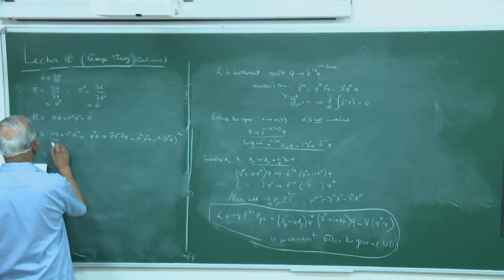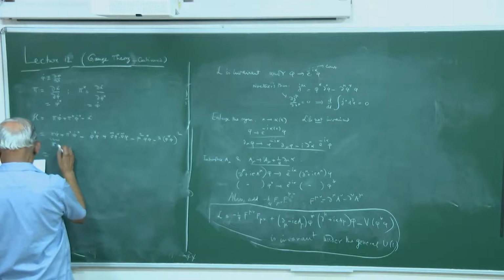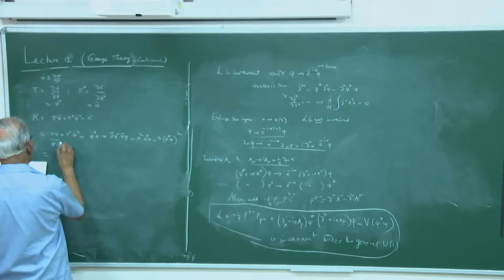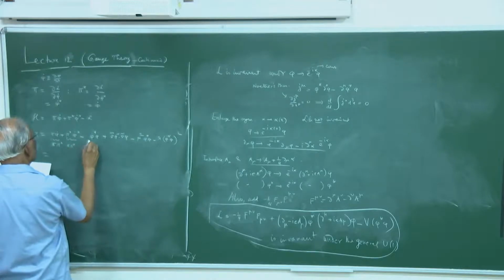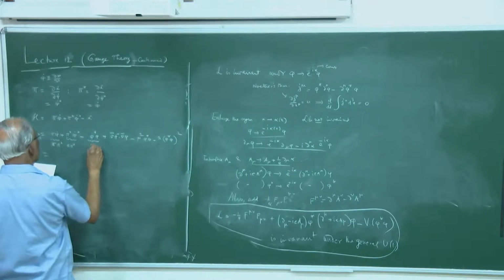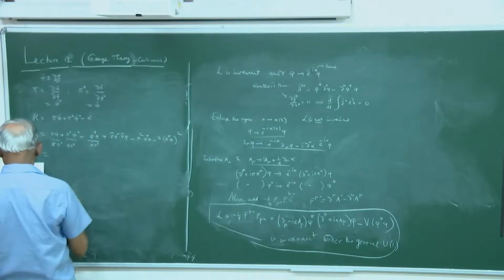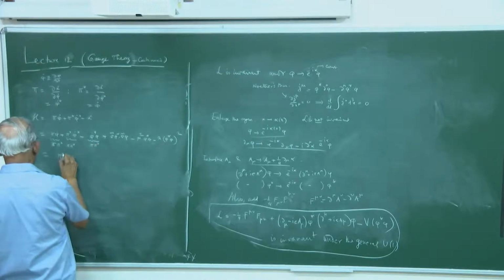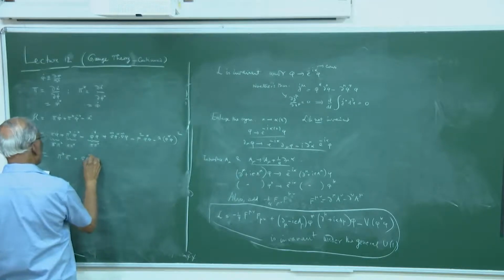So this can be written as pi pi star, this also the same, pi pi star, and this also the same, pi pi star. So one pi pi star will cancel. So the result is pi star into pi plus gradient of pi star, gradient of pi.